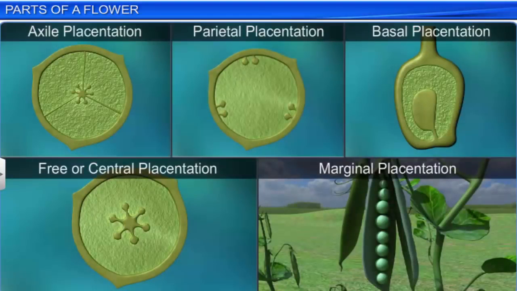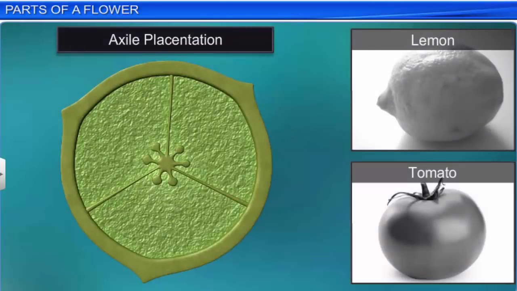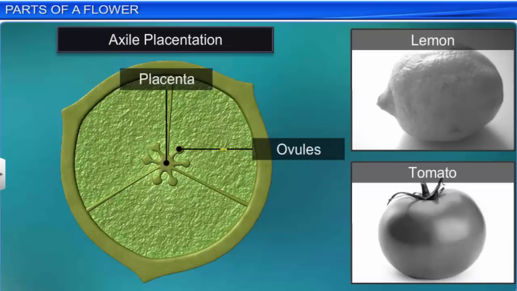There are different types of placentation: axial, parietal, basal, free or central, and marginal. In axial placentation, the placenta is axial and the ovules are attached to it in a multilocular ovary, as in lemon and tomato.